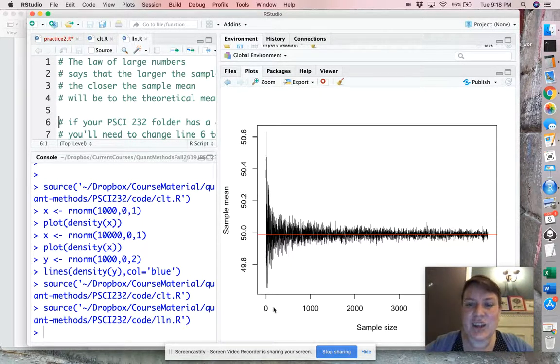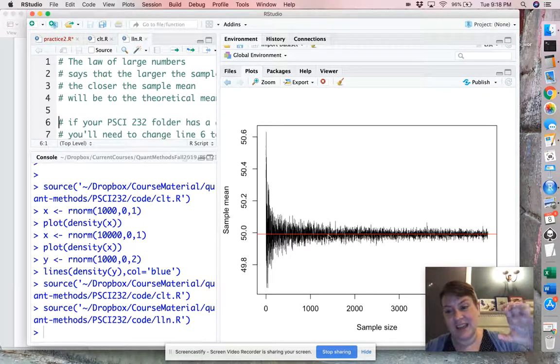And as I take larger and larger samples, right? So when I have a sample of 1 or a sample of 2, or even a sample of 30 or 50, it's quite possible to end up with a sample mean that is, statistically speaking, not that close. However, as I get more and more, what you should be seeing is that, whoops, I'm going to go the other way. I'm going to go like this. Is that right for you?